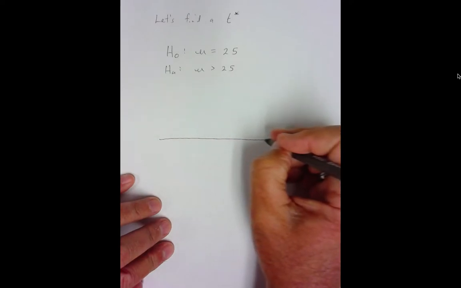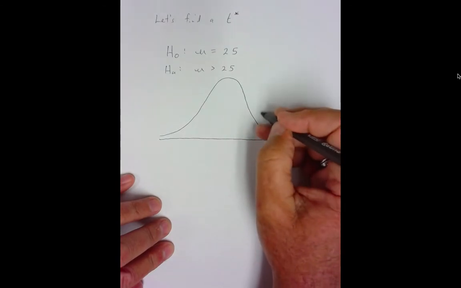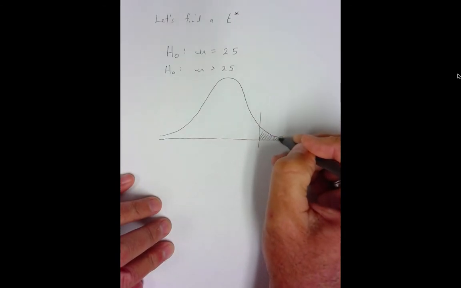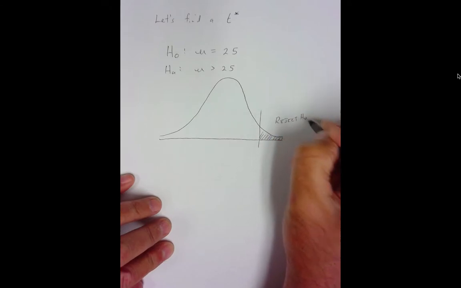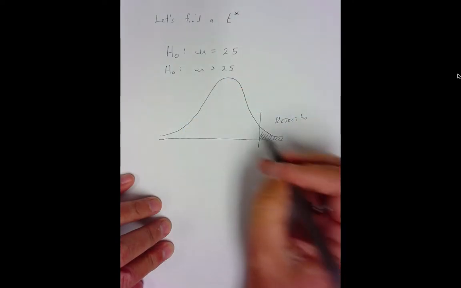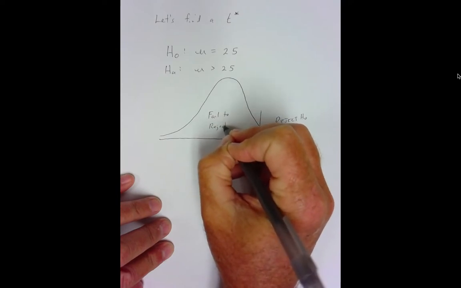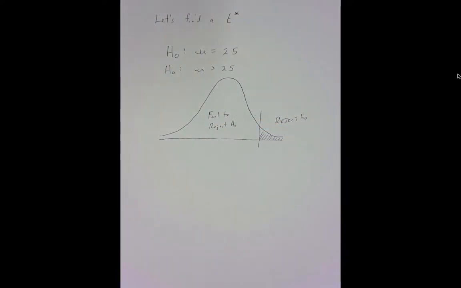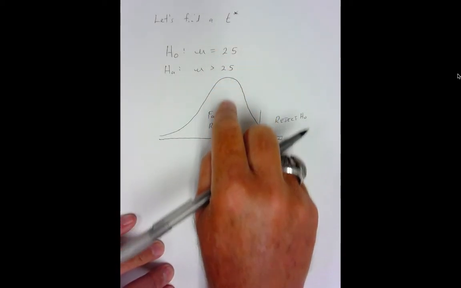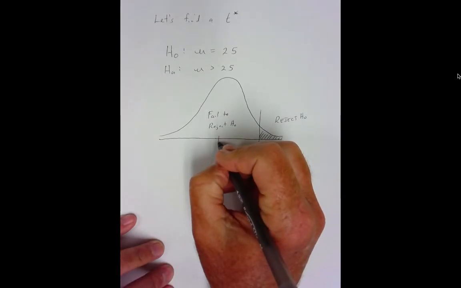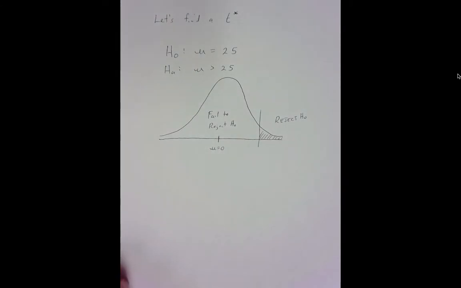So we know that the distribution of sample means, the rejection region, will be to the right because of the greater than. And the fail to reject region will be everything else. Now, we don't want to think about that in relationship to mu equal 25. We want to look at that in relationship to the t-distribution, which has a mean equal to 0.